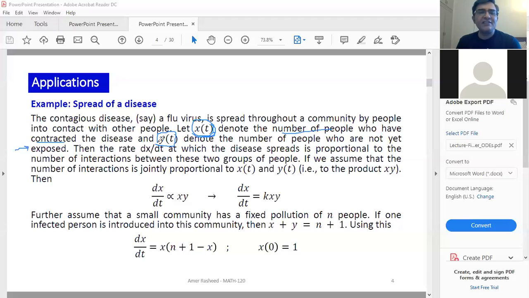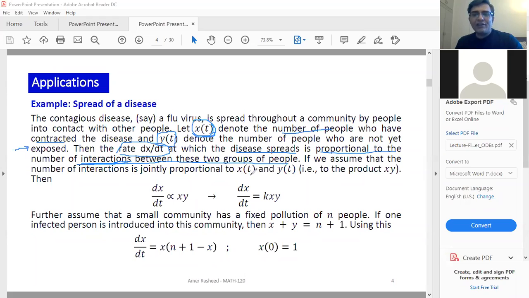Now, how does this disease spread? When the people X and the people Y interact with each other. This is how a contagious disease spreads. So now you can say that the rate dx by dt at which this disease spreads is proportional to the number of interactions between these two groups of people.